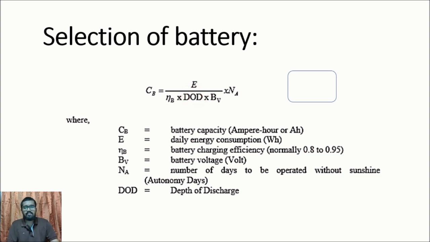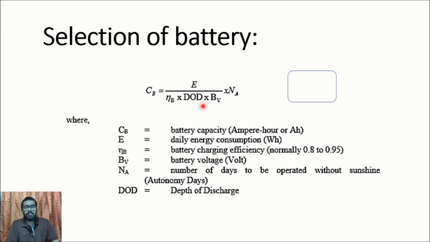For a lead acid battery, it is around 50%. BP means the battery voltage, which is around 12 volt, and NA means the autonomy days, which means the number of days a battery can serve you without being fed by the solar panel.